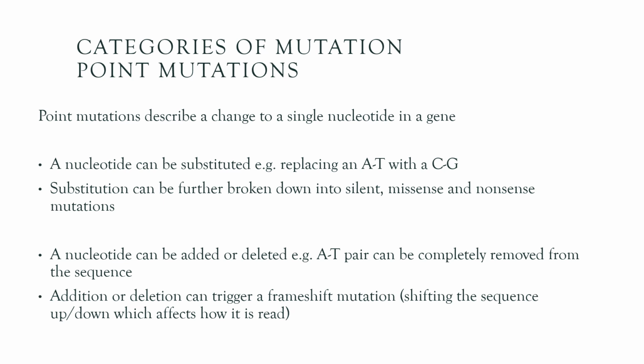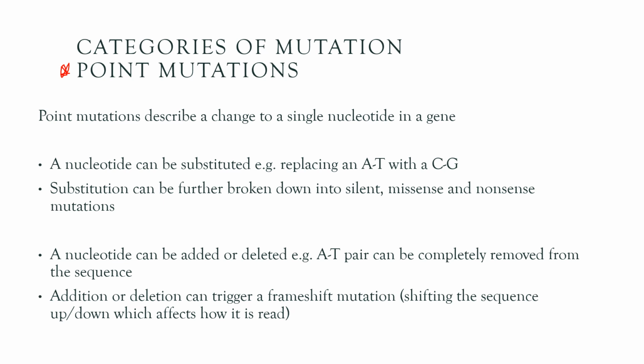So there's a variety of different mutations that we're going to be looking at, but the main ones we're going to look at are called point mutations. So point mutations just mean that there is a change in one single point in the DNA sequence. So there's a change to a single nucleotide in a gene.